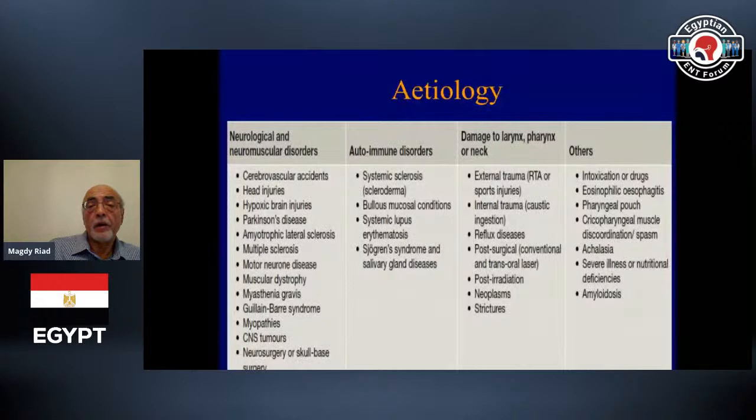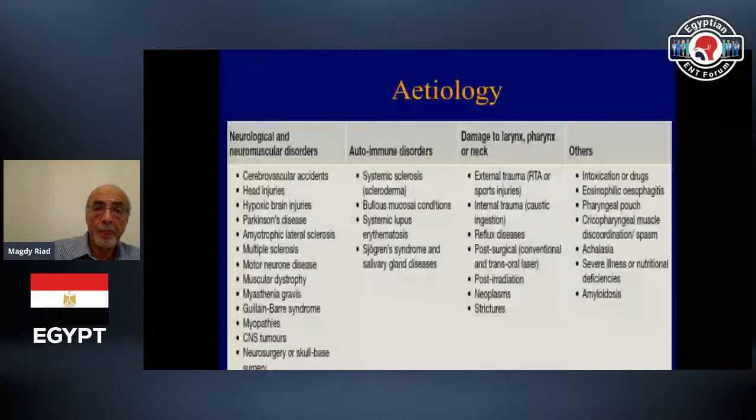And there is another group of patients who have it for different things like certain medications, ACE inhibitors, and drugs that induce xerostomia, for example, eosinophilic esophagitis, and pharyngeal pouches, a variety of other causes. But these are the causes in which we see most problems in the pharynx and the larynx.